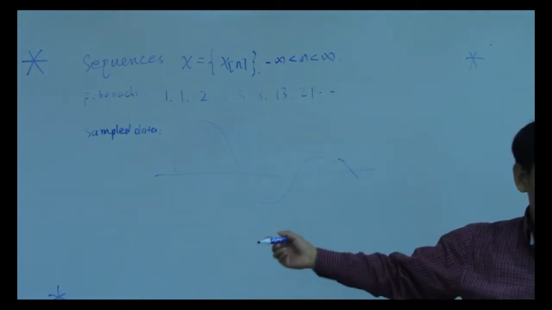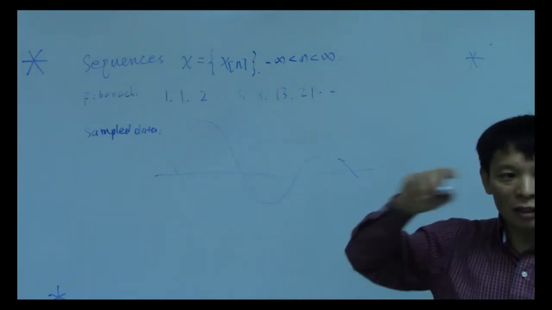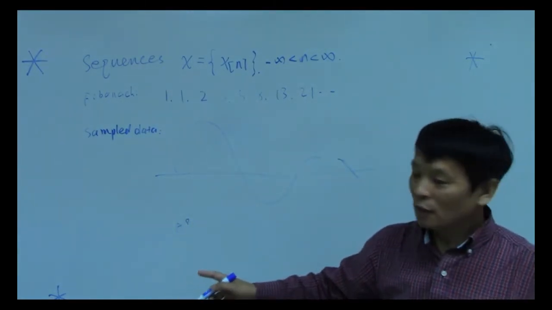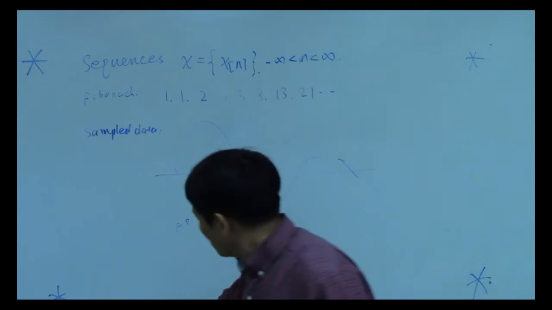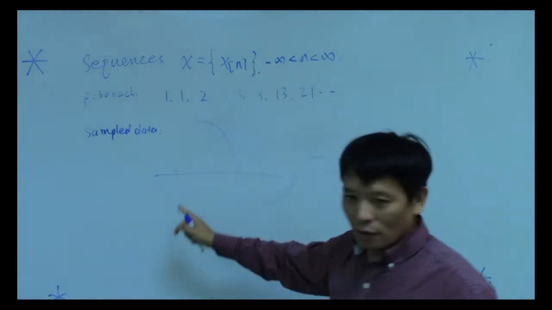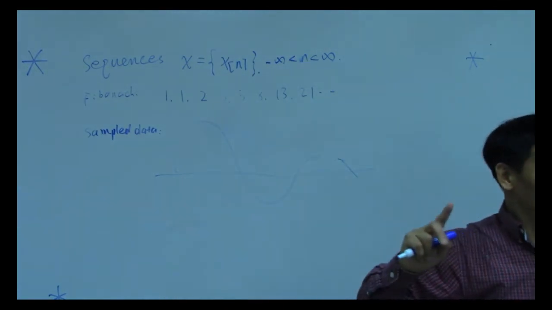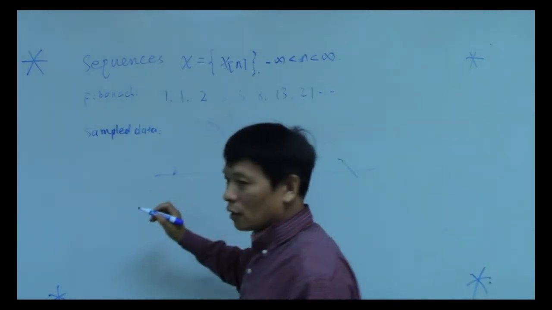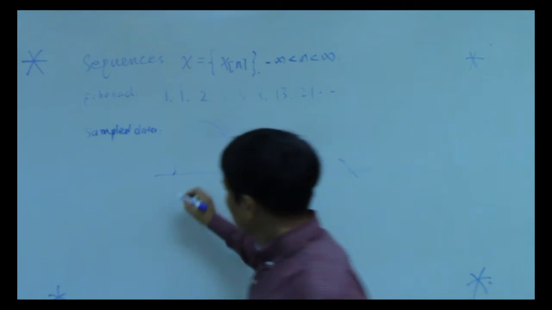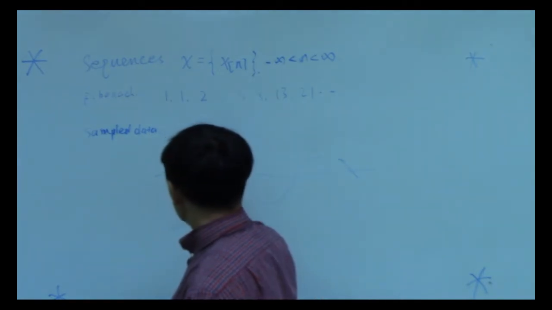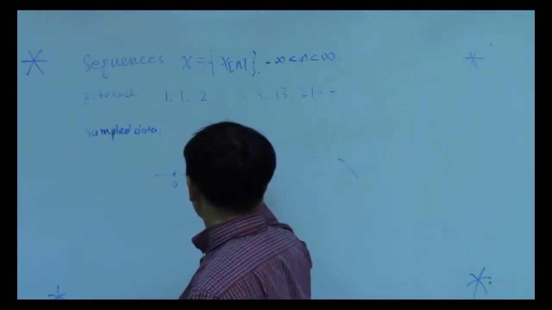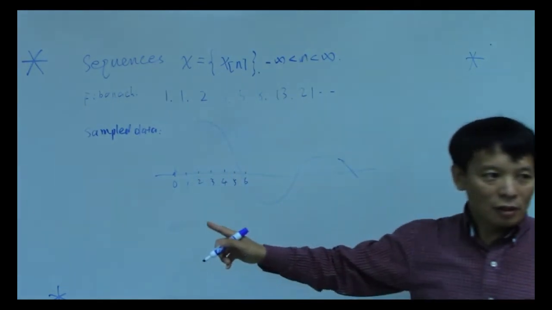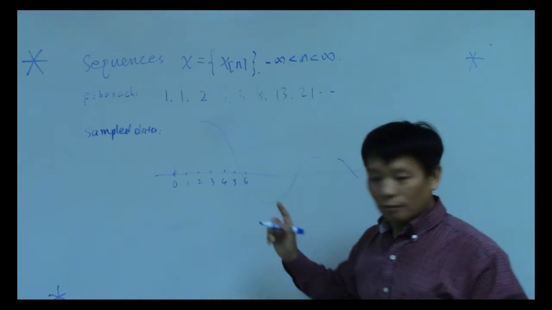But now we use AD conversion, which is analog to digital conversion. First, before AD, we need to do the sampling. That means I only pick the signal at discrete time steps: 0, 1, 2, 3, 4, 5, 6, and so on.